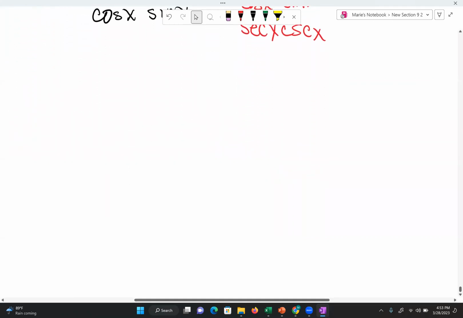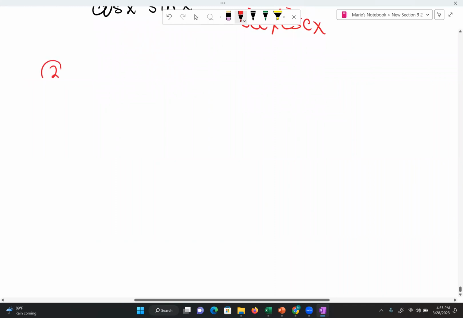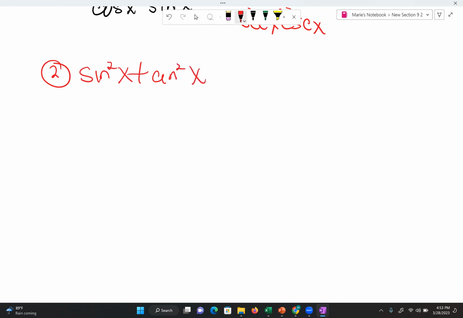A second test or second question. It starts you with sine squared x plus tan squared x plus cosine squared x. And this is equal to, obviously, some identity.